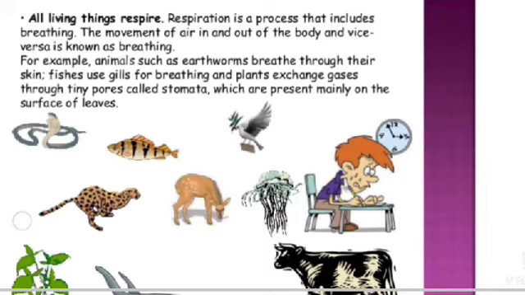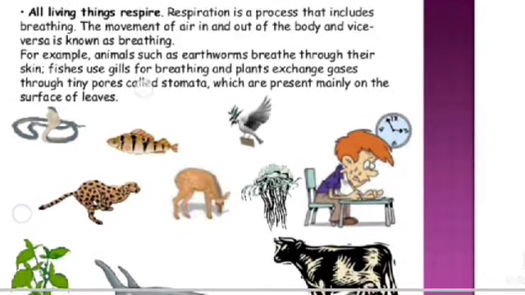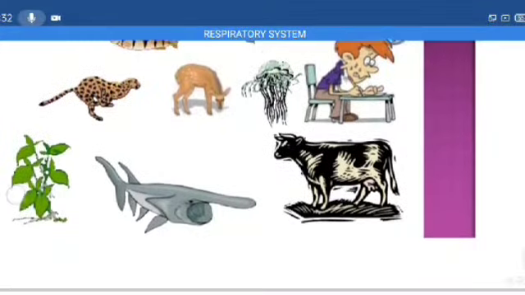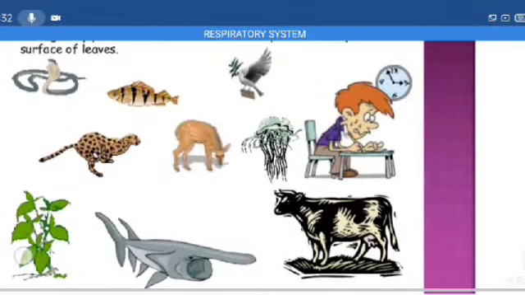Fishes use gills for breathing, and plants exchange gases through tiny pores called stomata, which are present mainly on the surface of leaves. See some pictures for breathing examples.